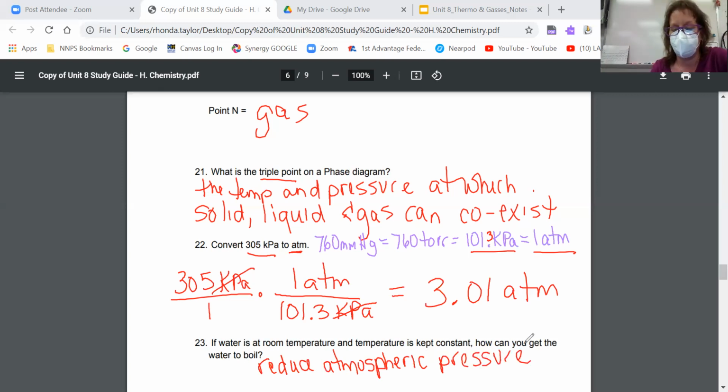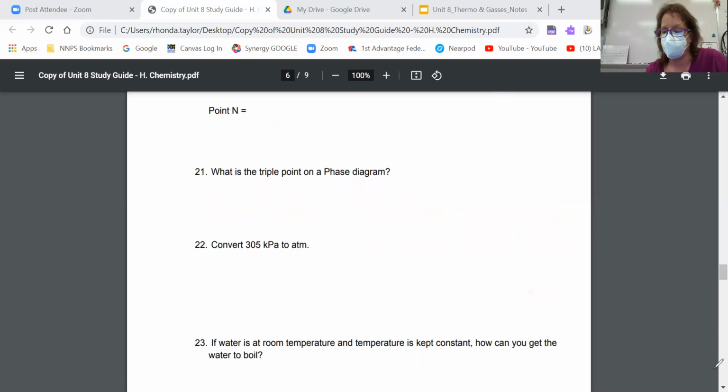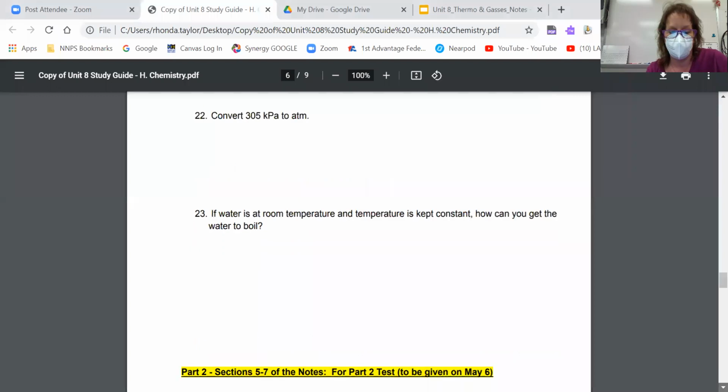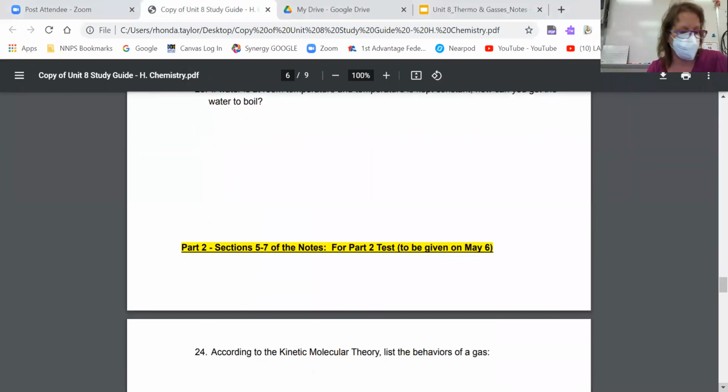You have to reduce the atmospheric pressure, and that lets up the pressure and allows those little vapor molecules to break away. I guess we're using water for this one. Yeah, water will be able to break away from the surface and vaporize. Okay, and that was the last question.